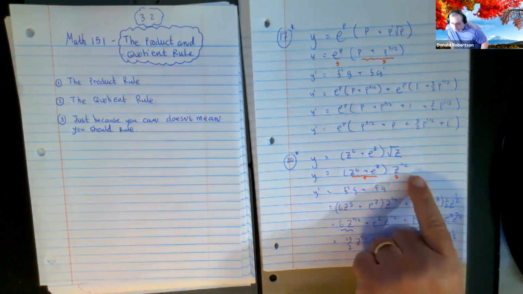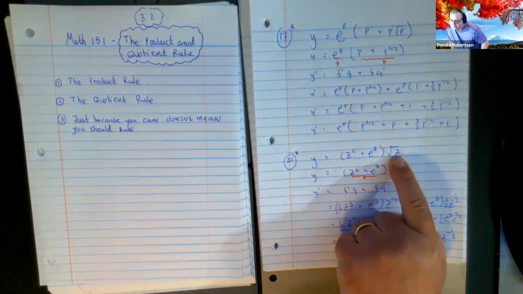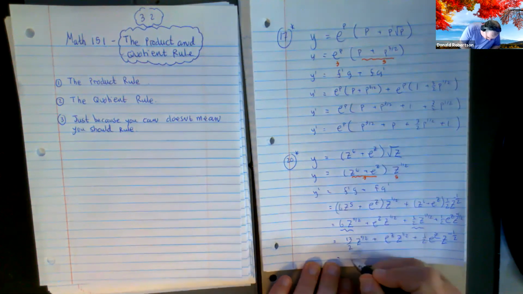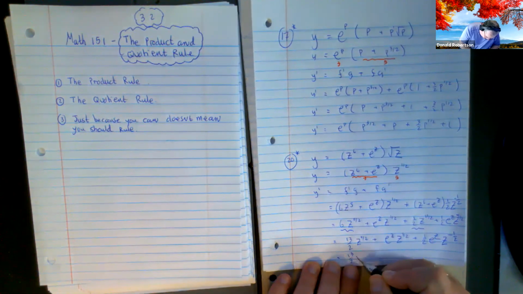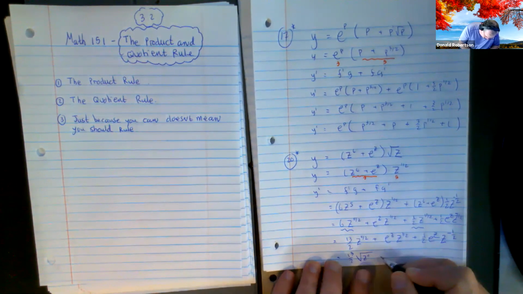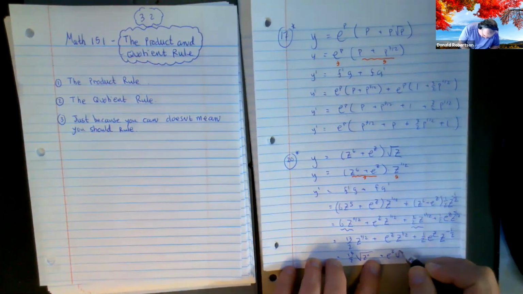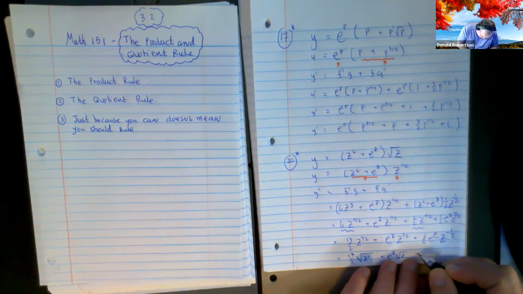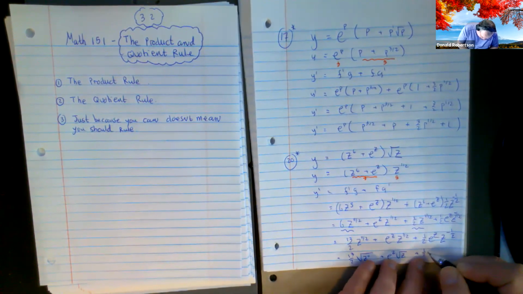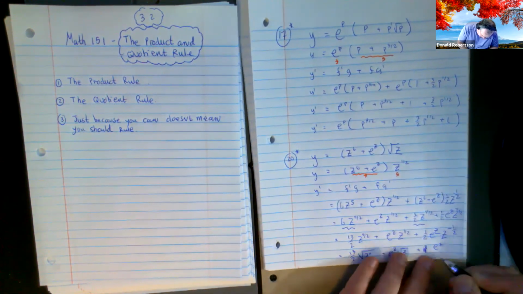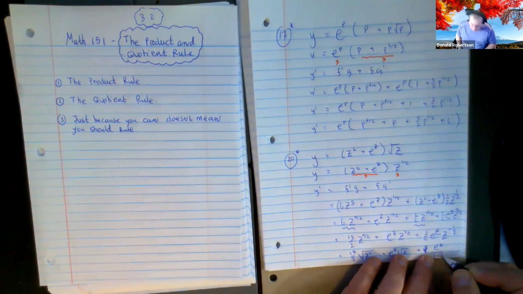And did the original have half powers in it? No. So what you want to do here, actually, this one here is a bit weird looking, because eventually it looks like that when you take care of it.